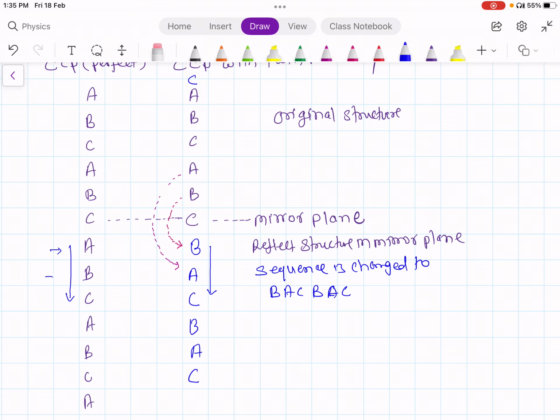Let me write like this. Sequence changed from, as you can see here, the sequence is ABC. In the original, the sequence is ABC, ABC, which changes to BAC, BAC.